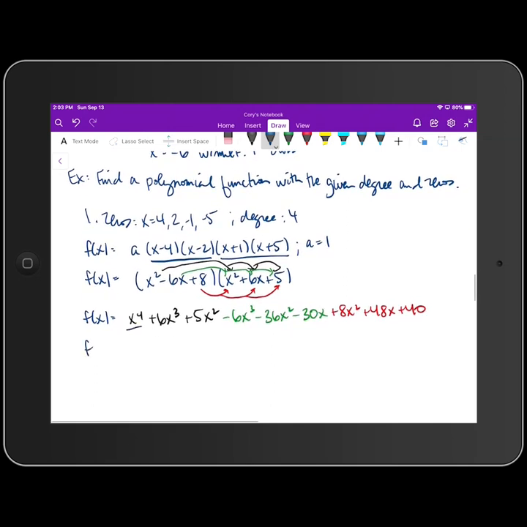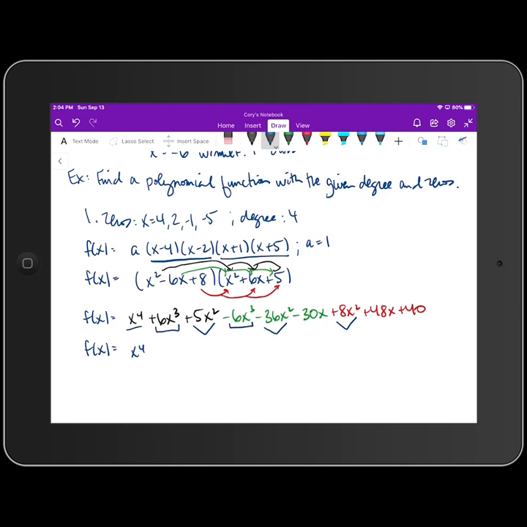All right, so that's my only x to the fourth term. Here we have our x cubed term, so we have 6x cubed minus 6x cubed. The x cubed terms cancel. Okay, so there are no x cubed terms. All right, let's do the x squared terms next. So we have 5x squared minus 36x squared and 8x squared.